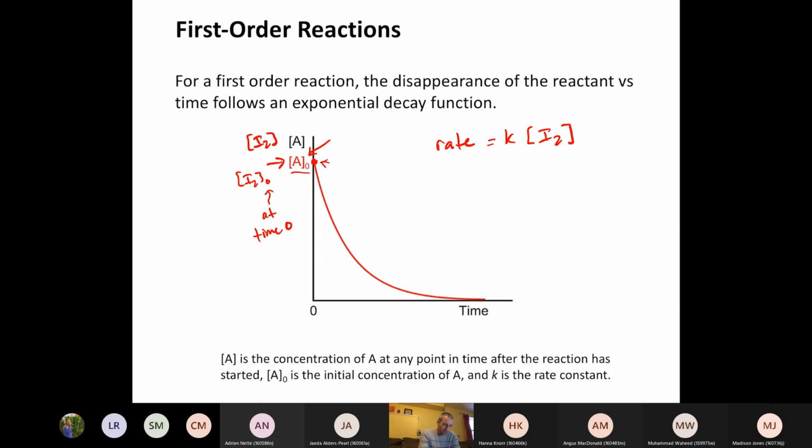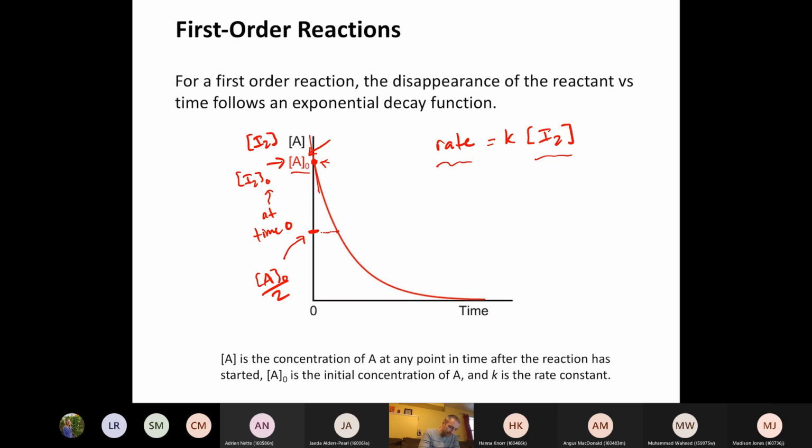Then as the reaction proceeds, the concentration of I2 drops. Because the rate depends on the concentration of I2, we expect the rate to get slower as we start to lose I2. So we would say the rate at this point in time would be the tangent line at time 0. And let's say the reaction proceeds to 50%. So let's say we go to this point, which would be the initial concentration over 2, when the reaction's half done.